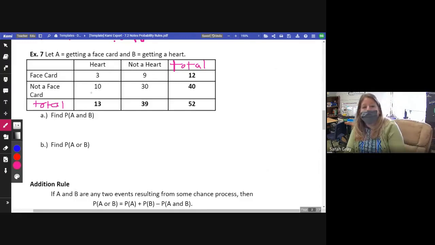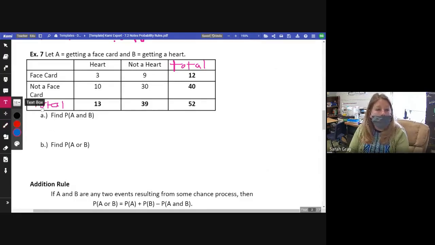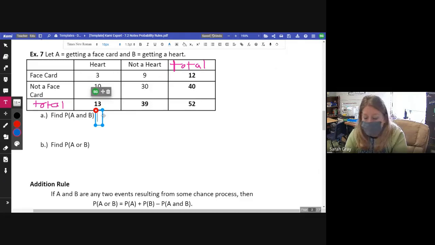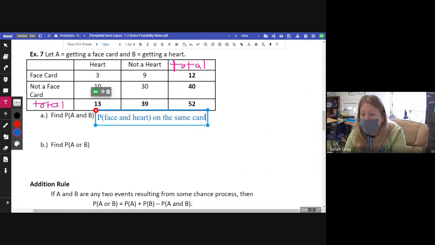Okay. Find the probability of A and B. So event A is up above, getting a face card, and B is getting a heart. So you're looking for the probability of getting a face card and a heart on the same card, so at the same time.